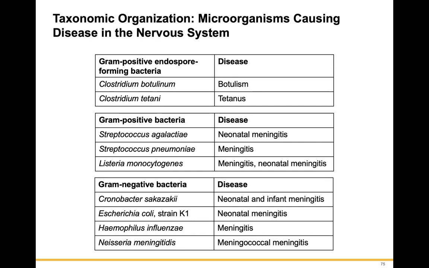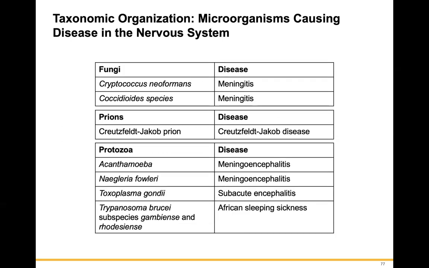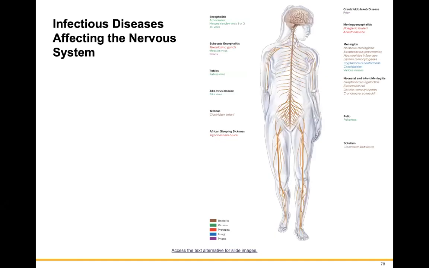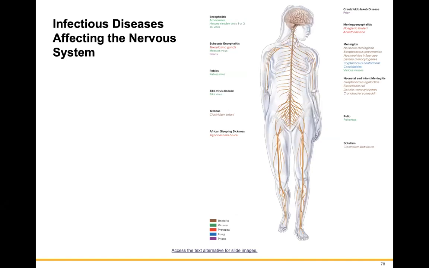So you have your gram-positive endospore-forming bacteria, gram-positive bacteria, gram-negative bacteria, DNA and RNA viruses, fungi, prions, and protozoa. This takes all those different organisms and shows you where within the nervous system they can be of an issue.